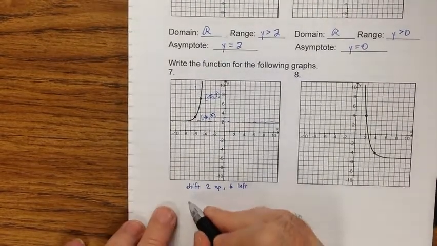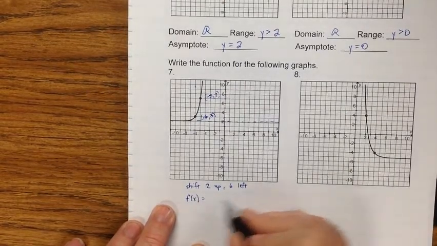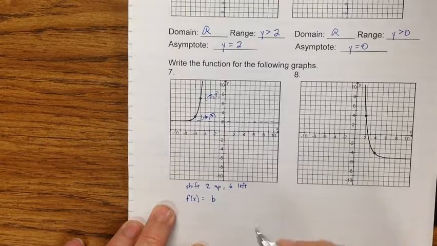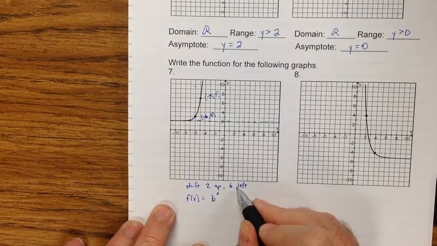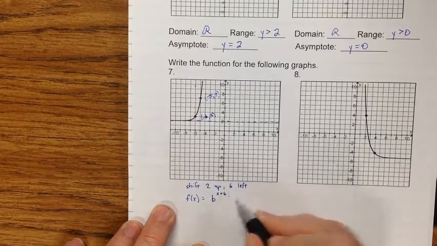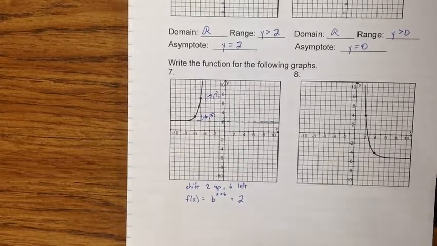So in general, I know that my function is going to be some base, I don't know what the base is yet, the base, and I've got x. 6 left means it's going to be a plus 6 there, and 2 up means it's going to be a big plus 2 here. So in general, it's going to look like that.